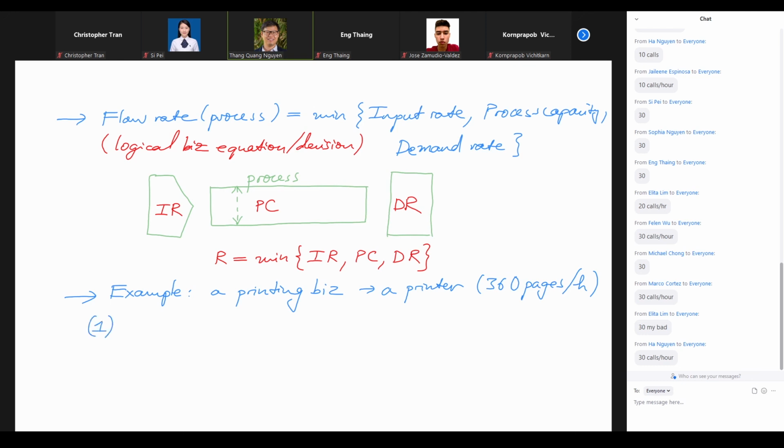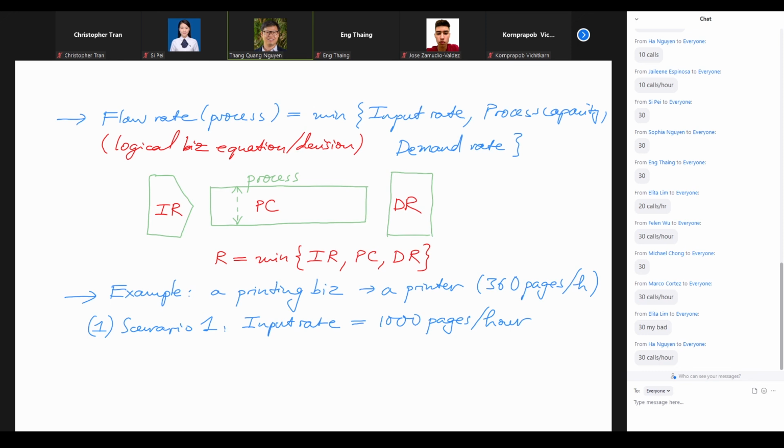So we have scenario number one. On that particular day, the input rate is 1,000 pages per hour, which means that we have plenty of paper inventory. We have plenty of papers in the back storage.